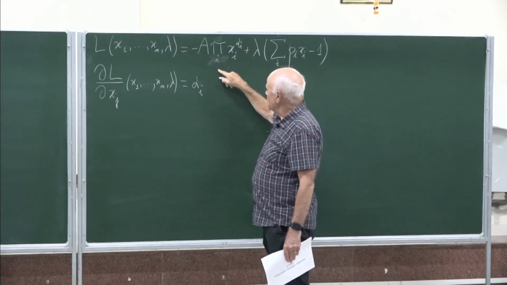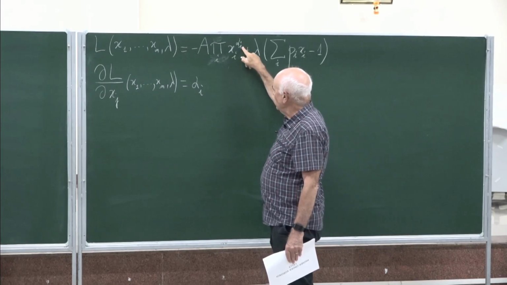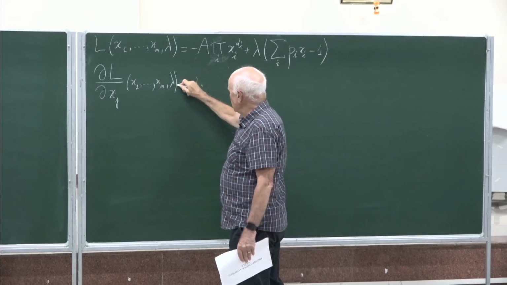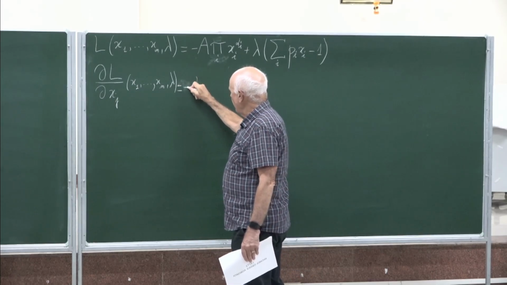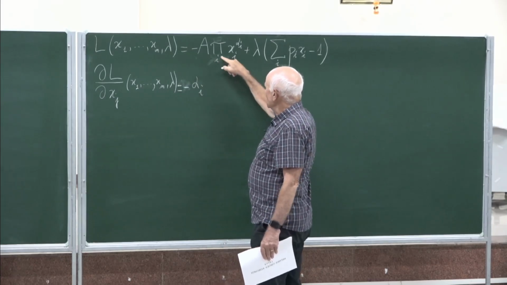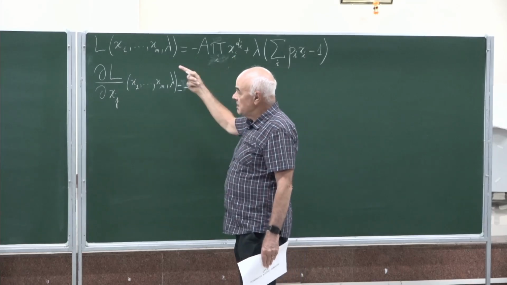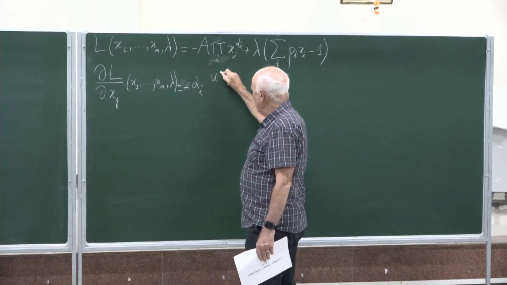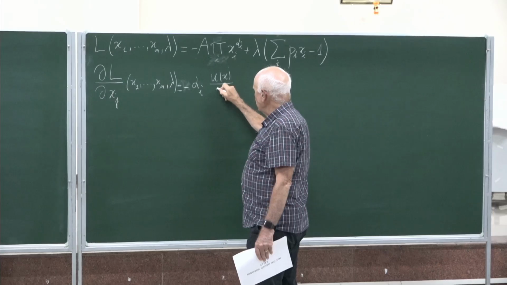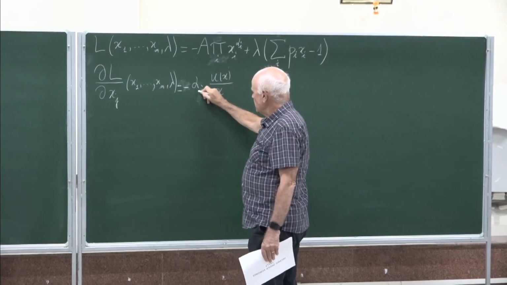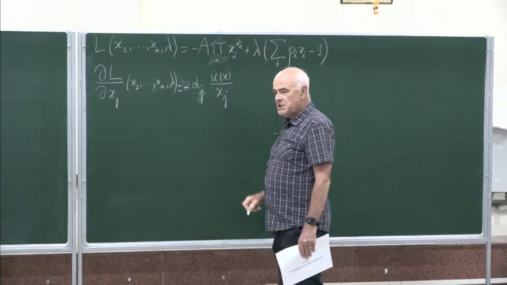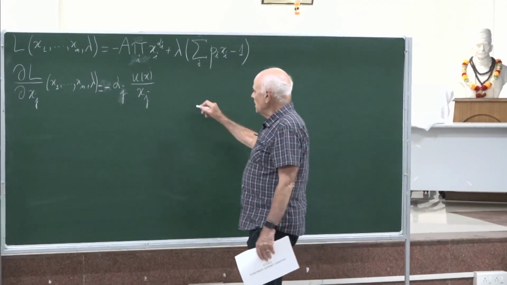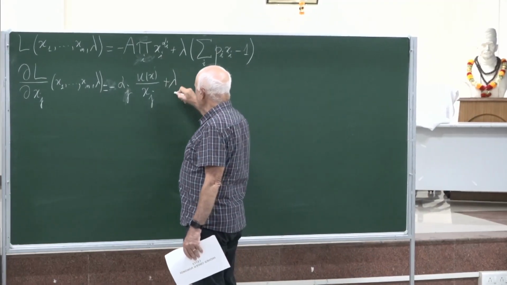But then, since I have kept xj to the power alpha j here, what I get, I forgot the minus sign, is this expression, which is u of x, u of x1 through xn, times alpha j divided by xj. Do you agree? Plus lambda pj.